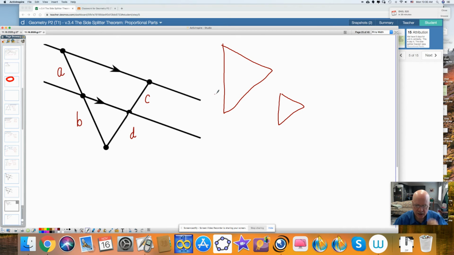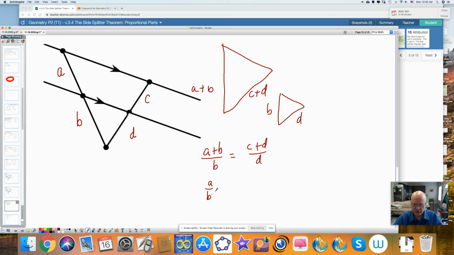And I'm going to say this is equal to B plus A. This is B. And this is equal to C plus D. This is D. Now, I can set up a proportion. A plus B is to B as C plus D is to D. And I can rewrite this.